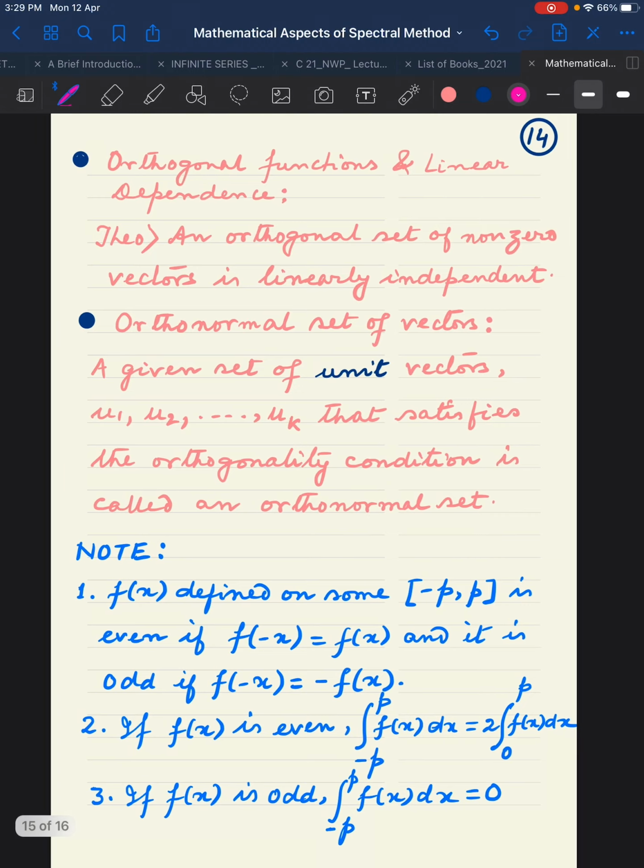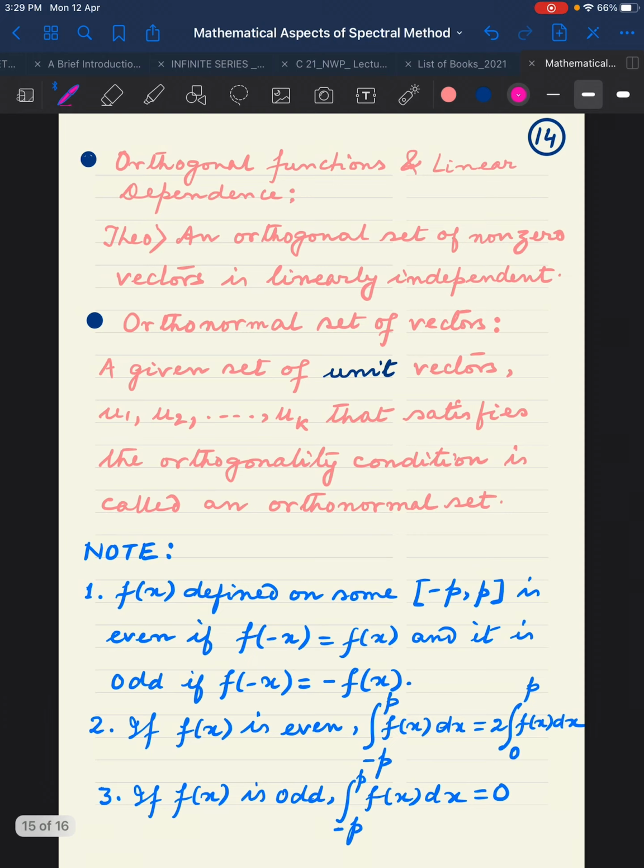Okay, and you may find another terminology in some books, that is the orthonormal set of vectors. What is it? The same thing, but with one difference.